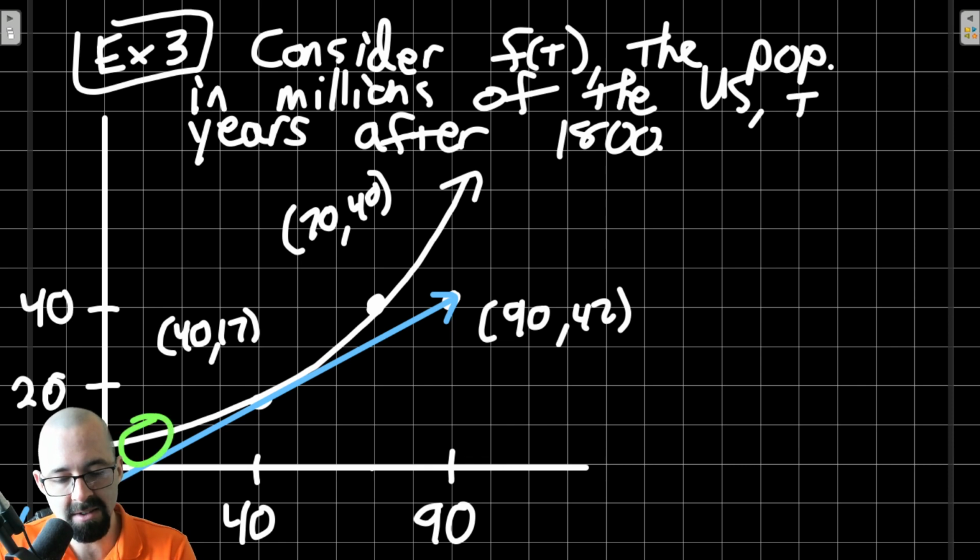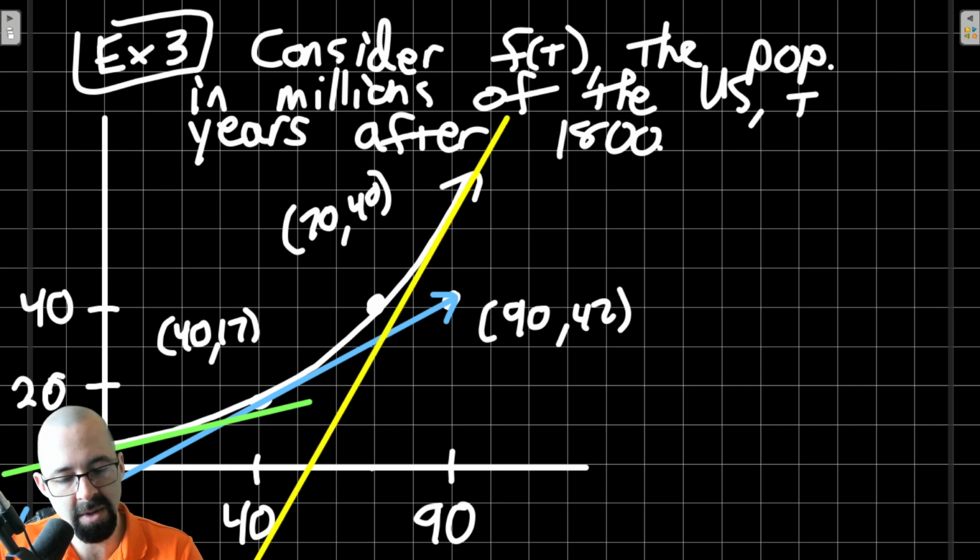So the slope at 10, 10's right here. If we looked at the tangent line at 10, we'd get something that looked a little bit like this. If we looked at the tangent line at 80, we get something that looks a little bit like this. So is the slope of the green line or the yellow line steeper?